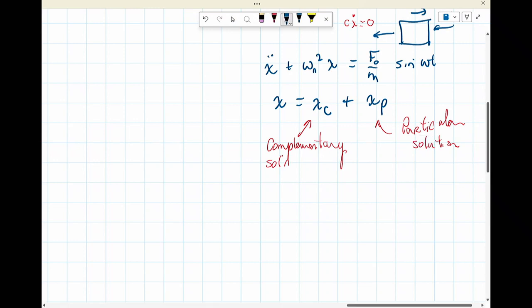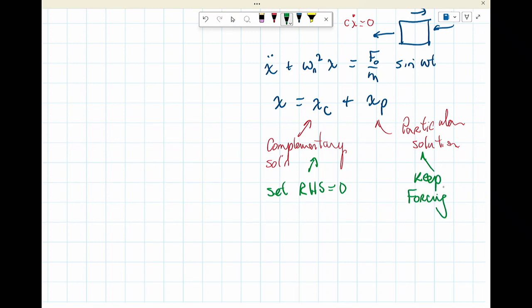And the difference between these two: for the complementary, set the right-hand side equal to 0, and for the particular term, keep the forcing term.